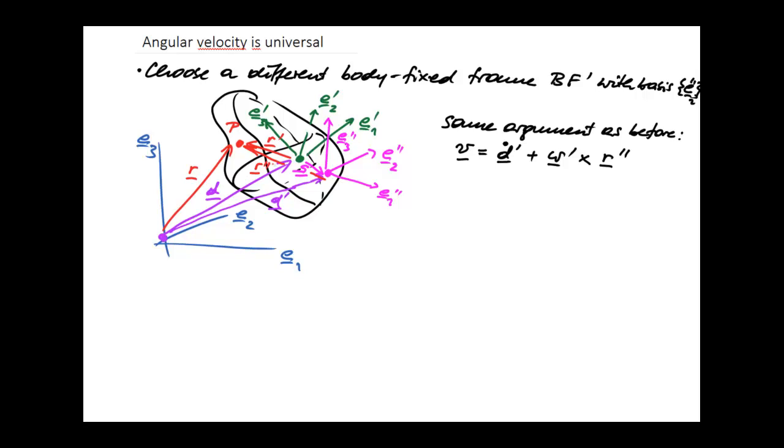So it's the position vector of point P in the body fixed frame BF primed, where we can express d primed in terms of the previous distance vector d and the vector s, which connects the two origins of the two different reference frames, body fixed frames. D primed is given by d plus s.